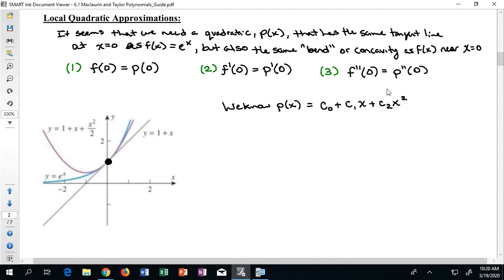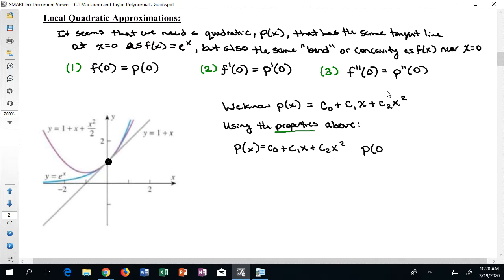Okay, so here's how I'm going to start. I'll say that using the properties above, so that is my green properties, I think I can start to state the following. I know that p of x again is going to look like this. Okay, that's my p of x. But I know that I want p of 0 to be equal to f of 0, right?